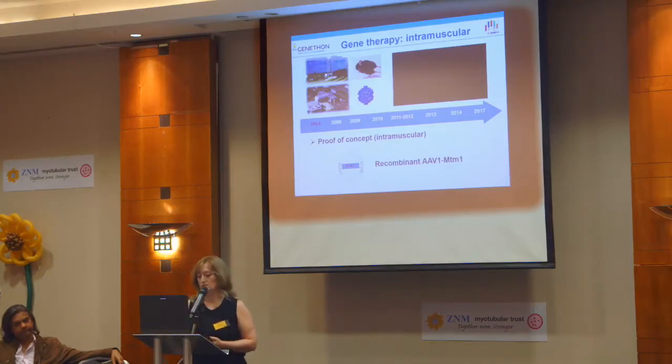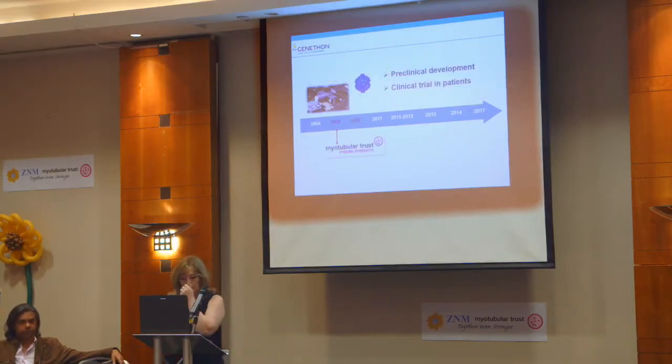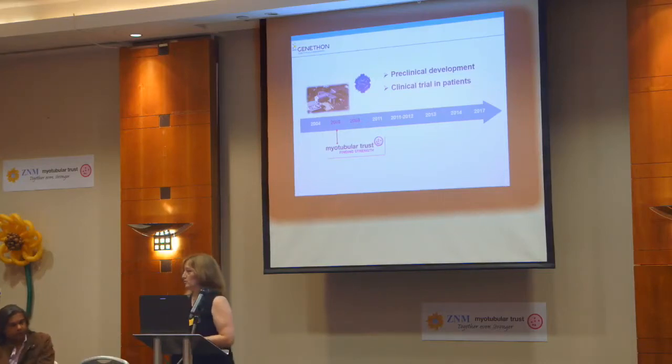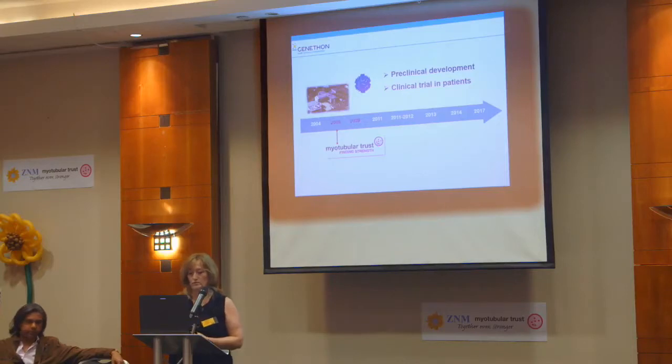So, in fact, these results were published in 2008. Based on these results, we were very lucky to receive the first grant from Myotubular Trust in order to move on with the gene therapy project. And for that purpose, I decided to move to Geneton because this laboratory is really an expert in developing this type of treatments.